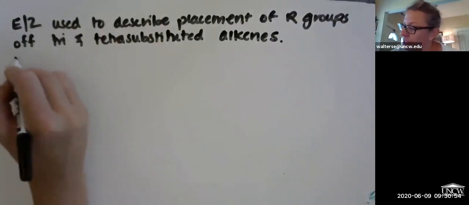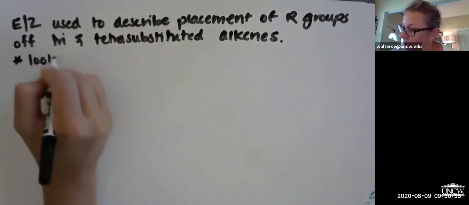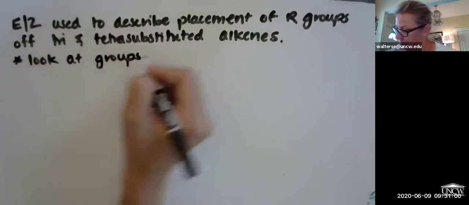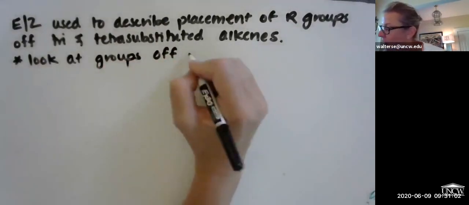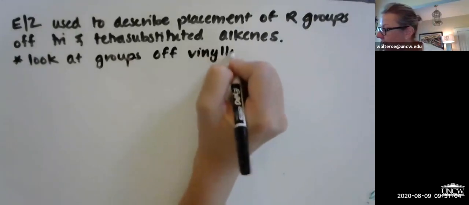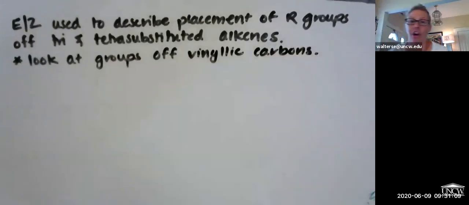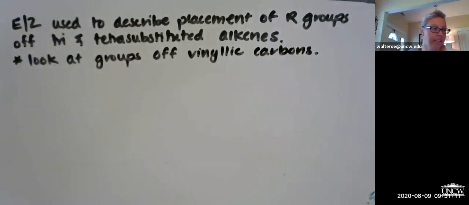So what we're going to do is look at the groups that are coming off of our vinylic carbons. So remember, the vinylic carbons are the carbons in the double bond.